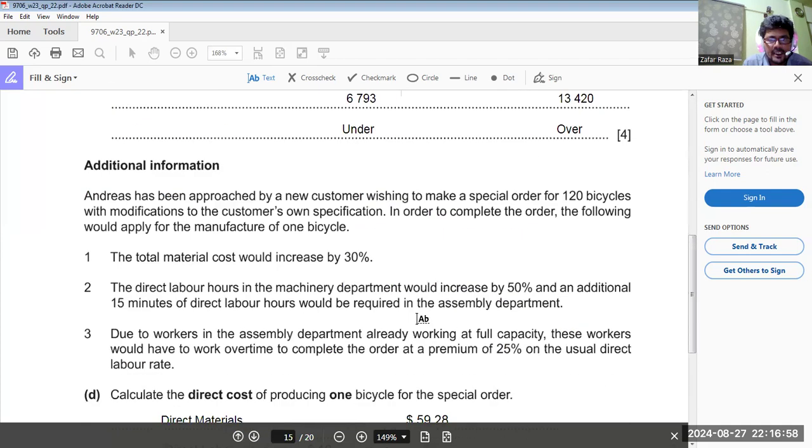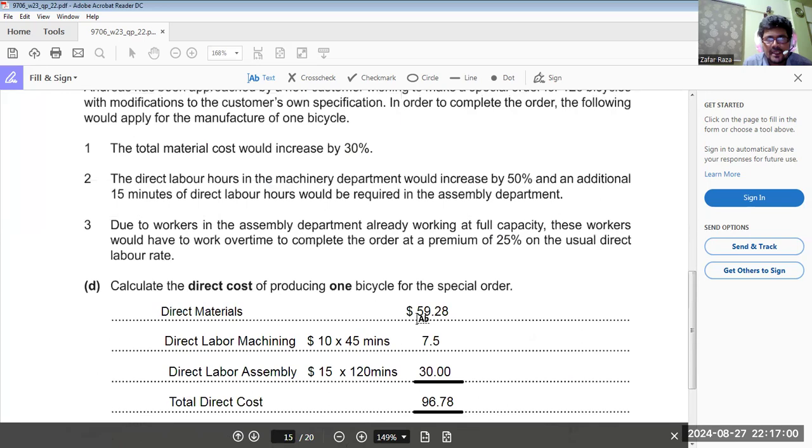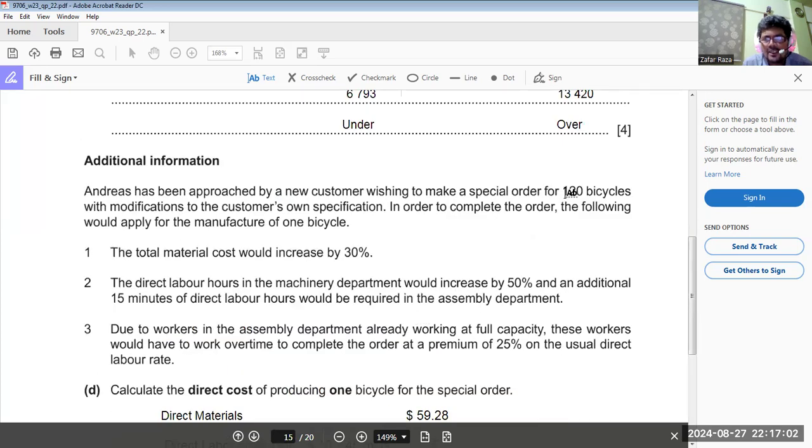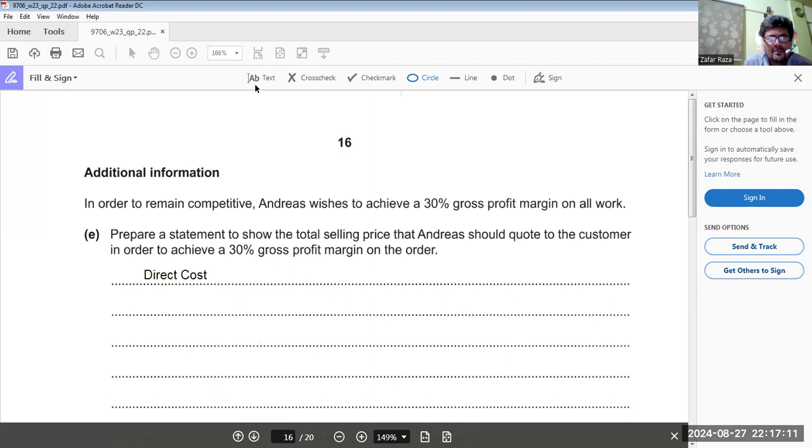We have already calculated direct cost here, 96.78, and the order is for 120 bicycles. So what will be the direct cost? For 120 bicycles multiply by direct cost 96.78. That would make the total direct cost how much?